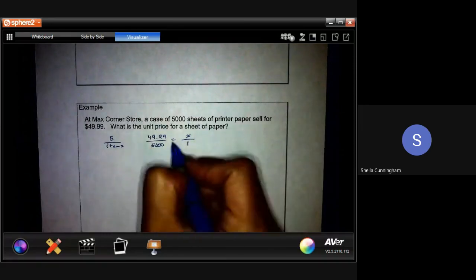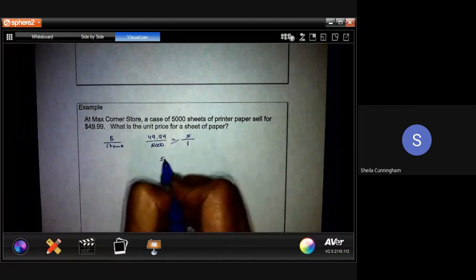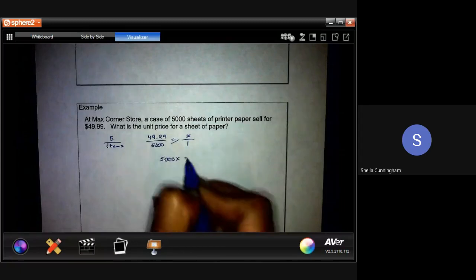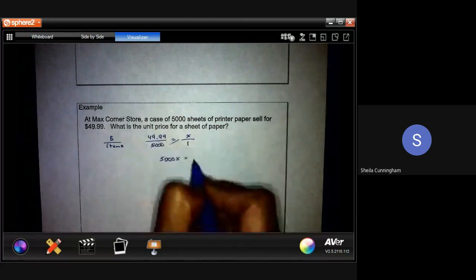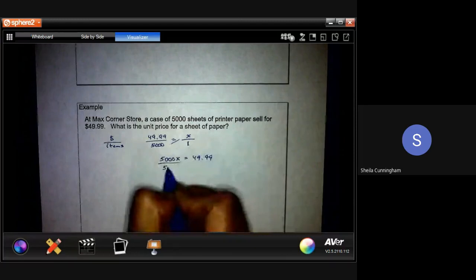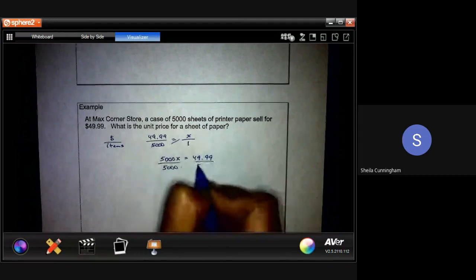Same thing, I'm going to cross multiply. 5,000x is equal to 49.99 times 1, and I'm going to divide both sides by 5,000.